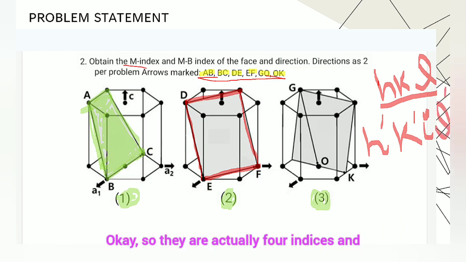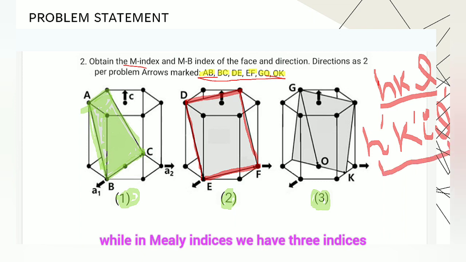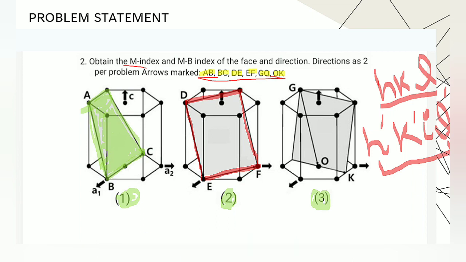So there are actually 4 indices, considering the 4D coordinate system, while in Miller indices we have 3 indices, and hence we consider a 3D coordinate system to find them.